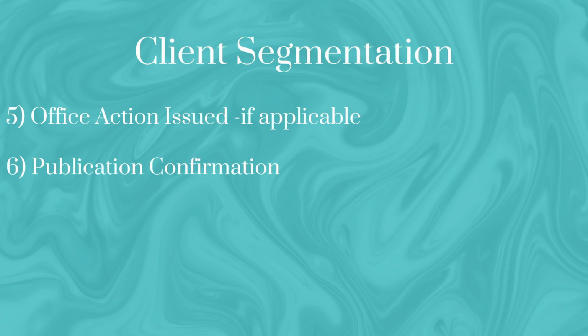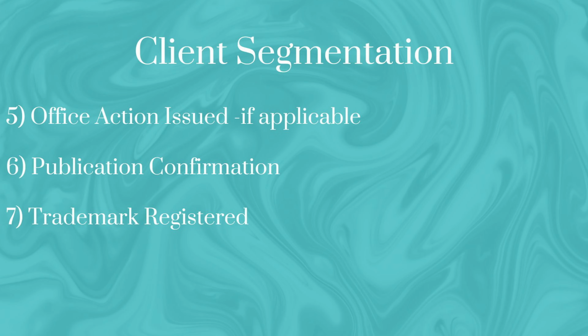After that, the next checkpoint would be number 6, the publication confirmation, and we'd notify the client of that. If there is an intent to use application, then at that point we'd also advise them of the specimens that will be coming up and educate them on the statement of use.